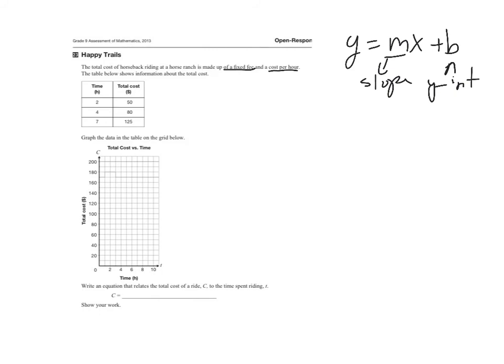Write an equation that relates the total cost of the ride to the time spent riding. This one is a little tricky to see where to begin, but every time it's asking for an equation, this is what you want: y equals mx plus b. So you know you need to find the slope.